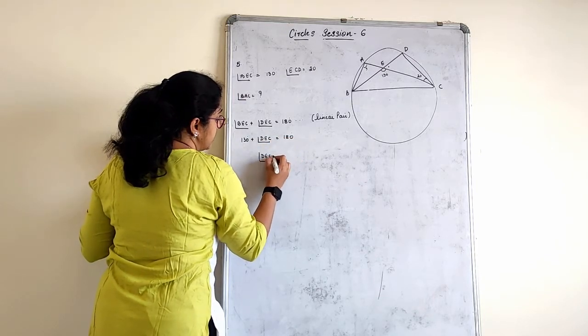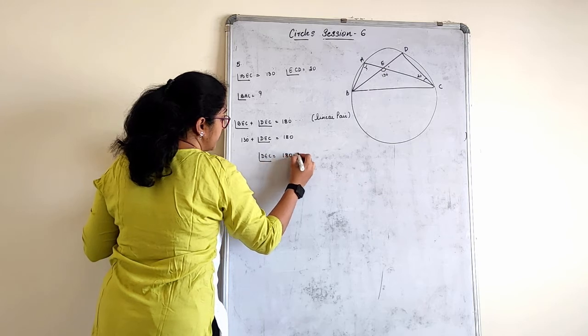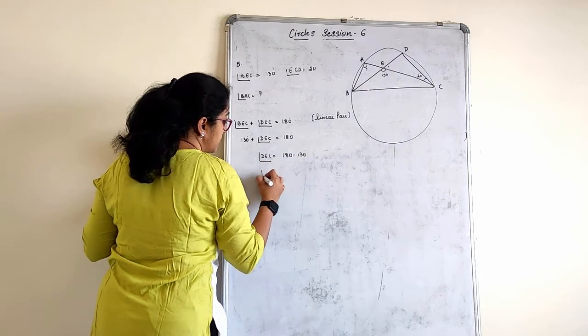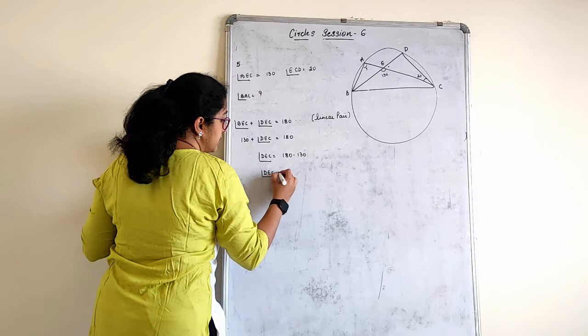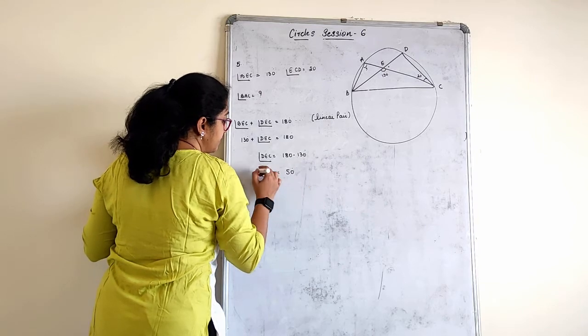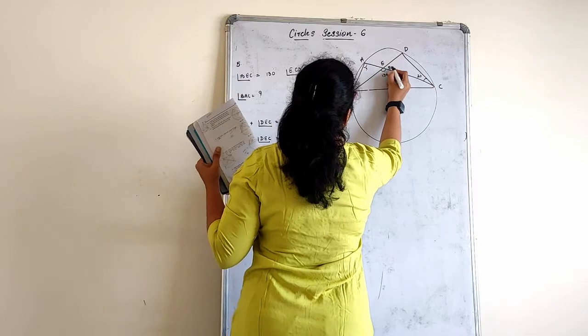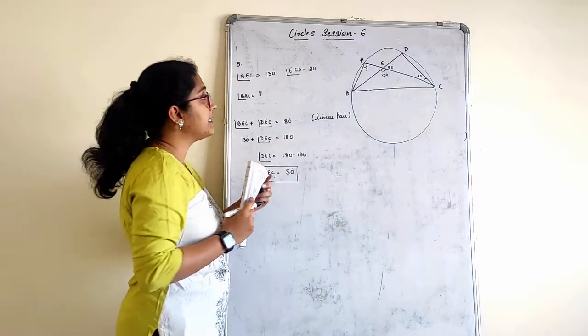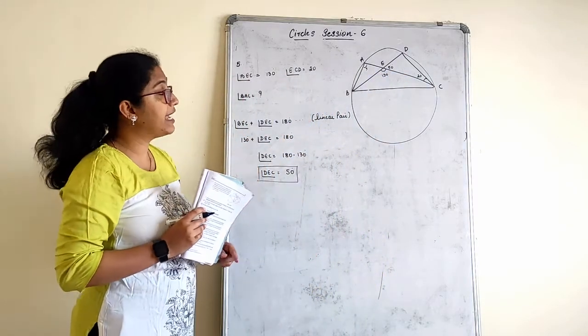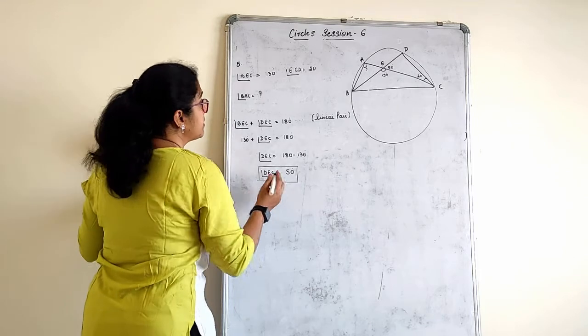Angle DEC is equal to 180 minus 130. Angle DEC is equal to 50 degrees. This is 50. Now if this is 50, by the angle sum property, can I find angle D? Yes, we will do that.